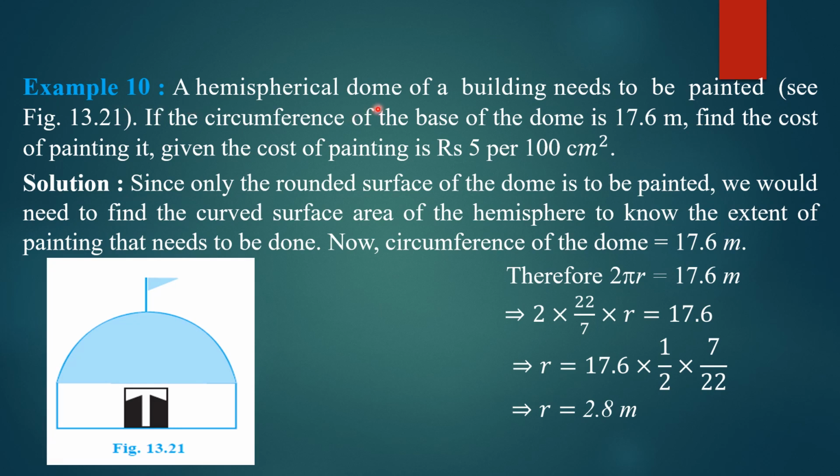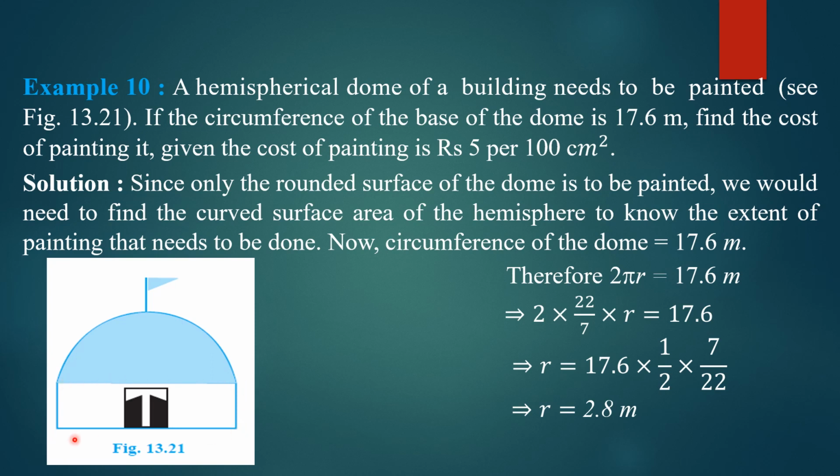A hemispherical dome of a building needs to be painted. See the figure 13.21. Observe this figure, my dear children. This is a dome, the dome of this building. This building has two geometrical figures. Yes, my children.